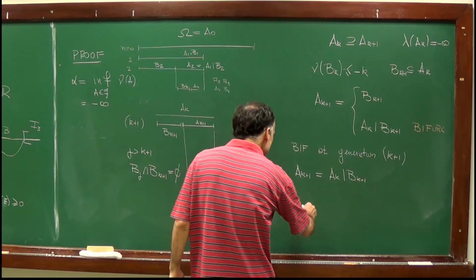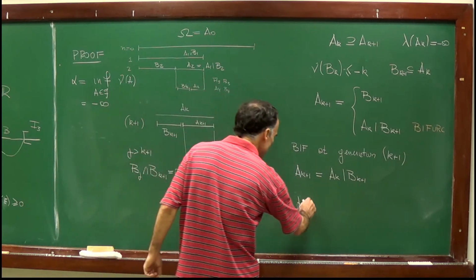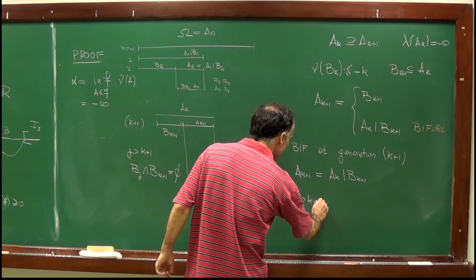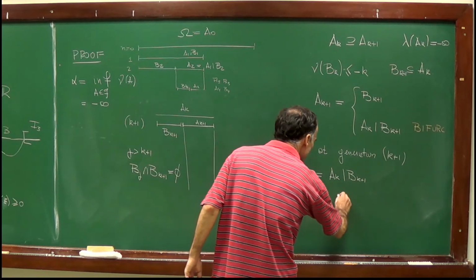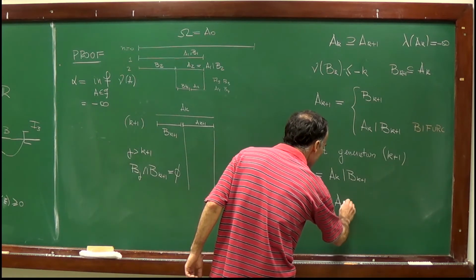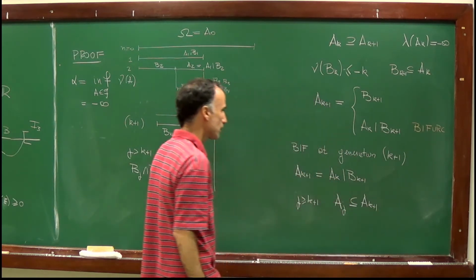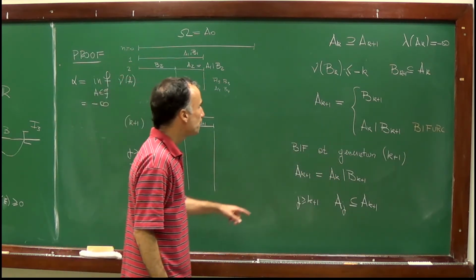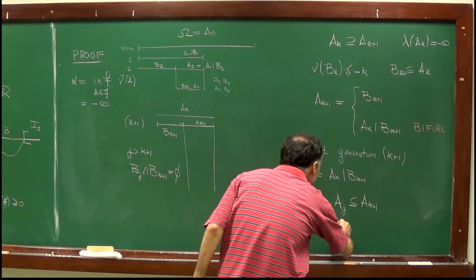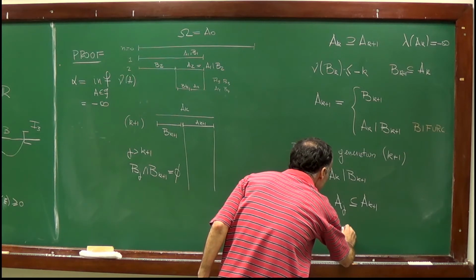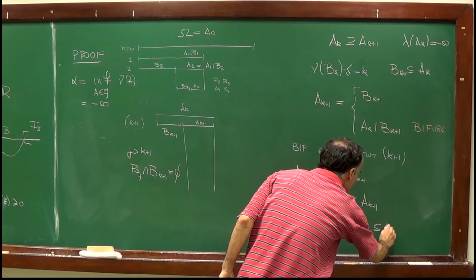Well, we know that if j is larger than k+1, all sets A_j are contained in A_{k+1}. Okay. And we know also that the set B_{j+1} is contained in A_j, which is contained in A_{k+1}.